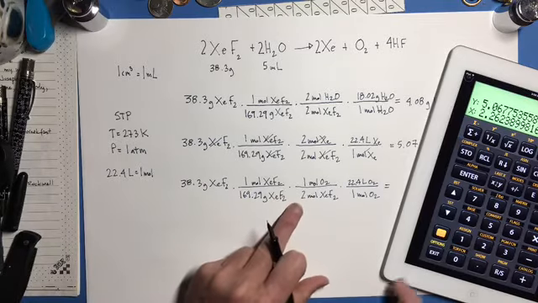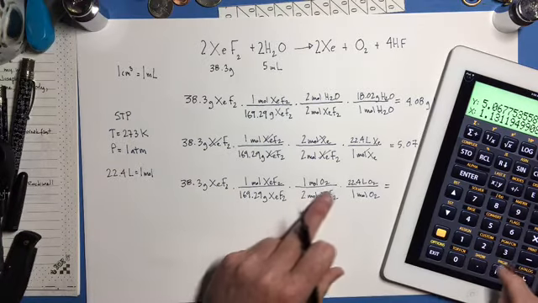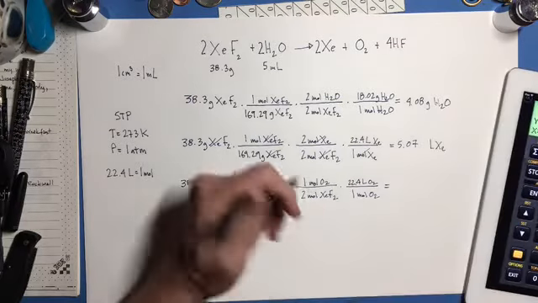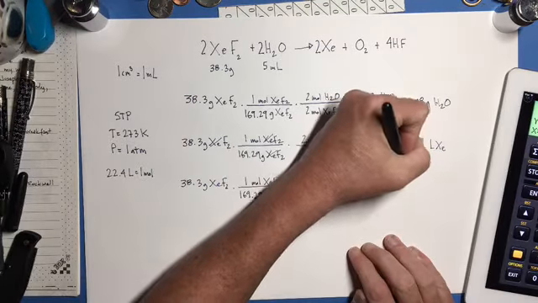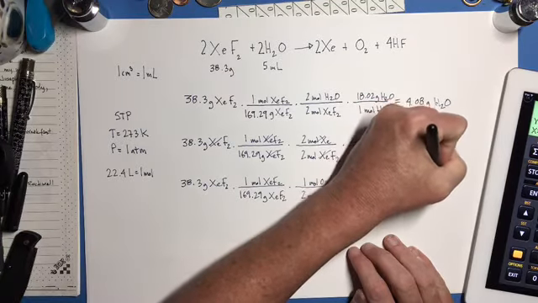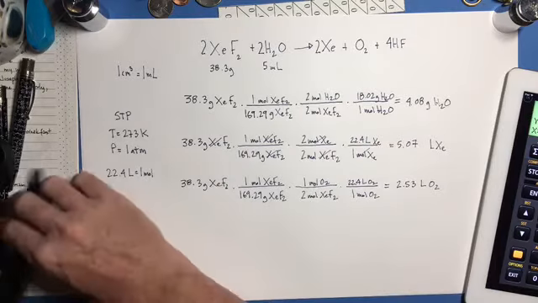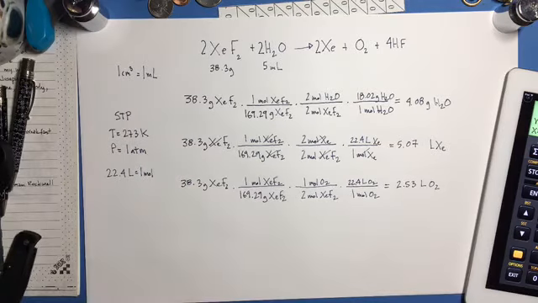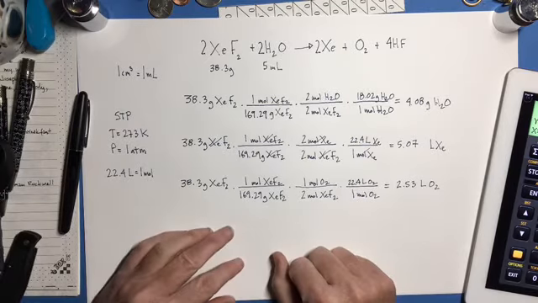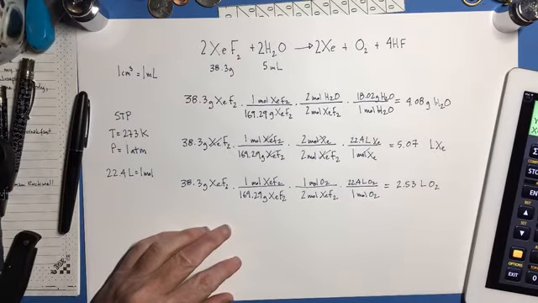Now that's not a wash, 1 divided by 2, so divide by 2, and 22.4 times looks like 2.53 liters of O2. And there you have it. All right, wonderful. Well, thank you for your time and attention.